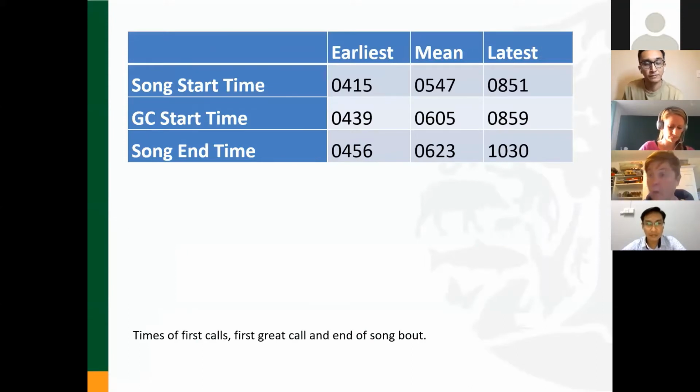Understanding the behavior: when do they start singing, when is the latest that they sing in general, when does the female start the great call and the duet really starts in earnest. All of these are important things, again, when we are collecting data on gibbon singing behavior and using that to interpret density and population numbers.